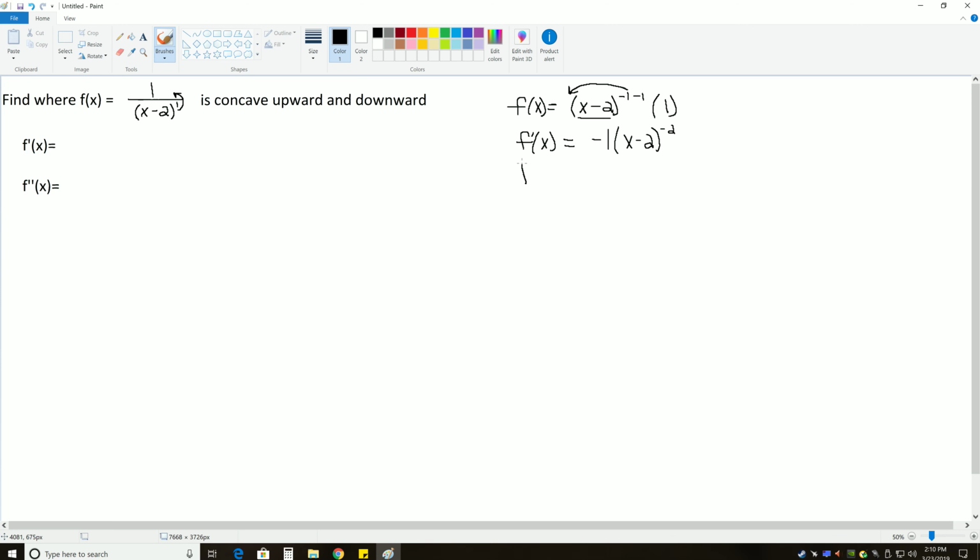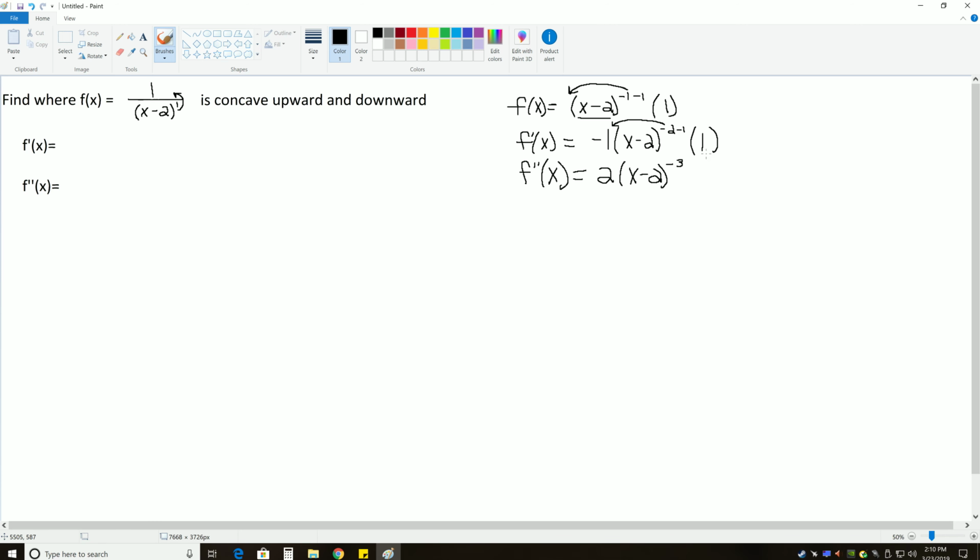Now we need to find the derivative again. That's our second derivative. So we go through the same process. We'll multiply the negative 2 out front. We'll subtract 1 from it. And then we'll multiply the outside by the derivative of what's in the parentheses again, which again, the derivative of x minus 2 is just 1. So that leaves us with negative 1 times negative 2 is positive 2 times the quantity of x minus 2 to the negative third.